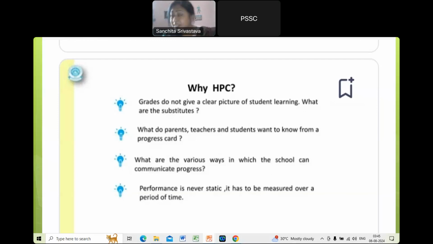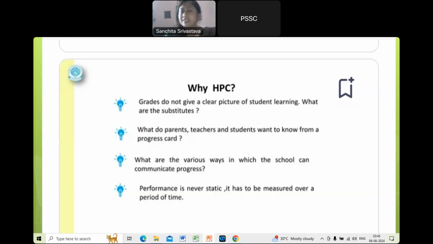Children are already equipped with 21st century skills. Things are not what they were earlier. Careers are many, isn't it? And performance is never static. Today I may get 100 in maths, but tomorrow if the chapter is not quite comfortable for me, if I cannot imbibe the entire chapter properly, I may lose my grades.